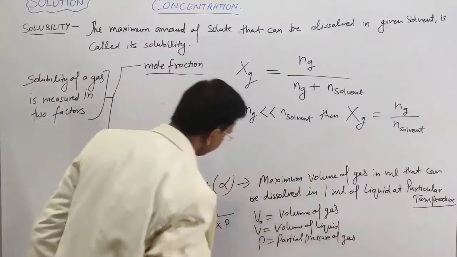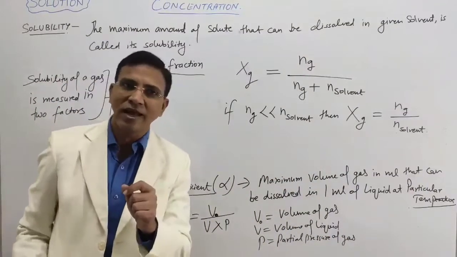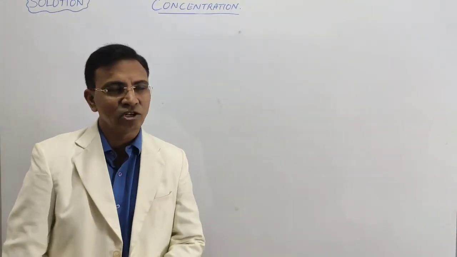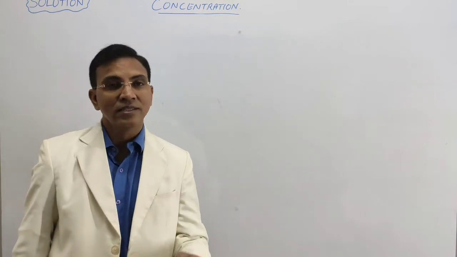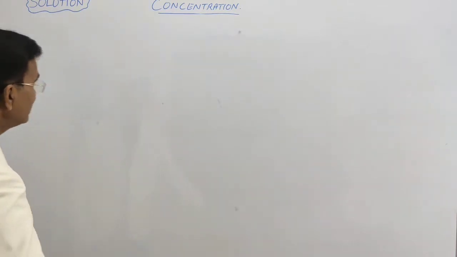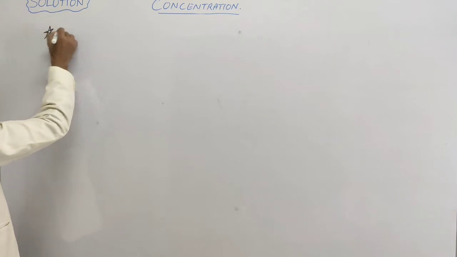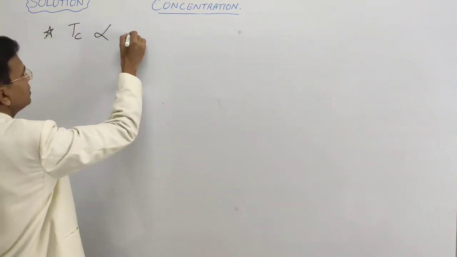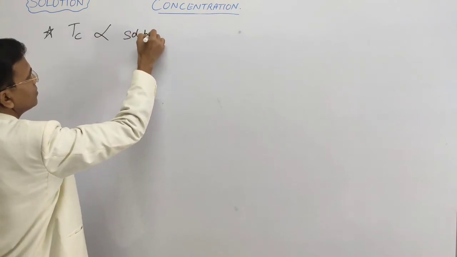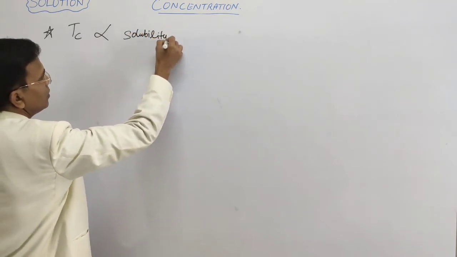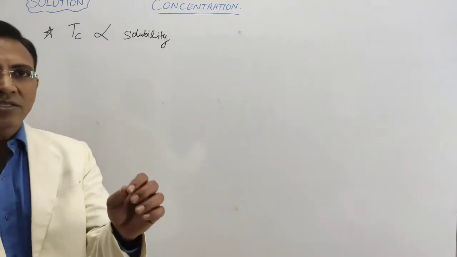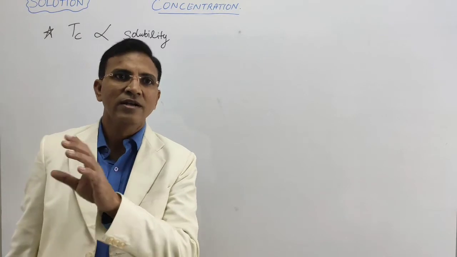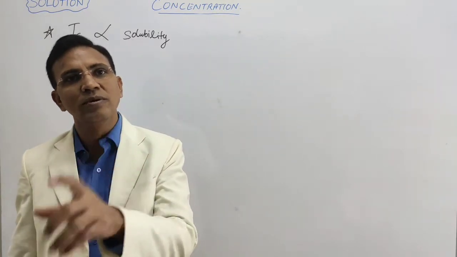Next is crystallization and saturated solutions. Before that, two main points. The critical temperature is directly proportional to the solubility, meaning the gas which has a higher critical temperature will be more soluble.